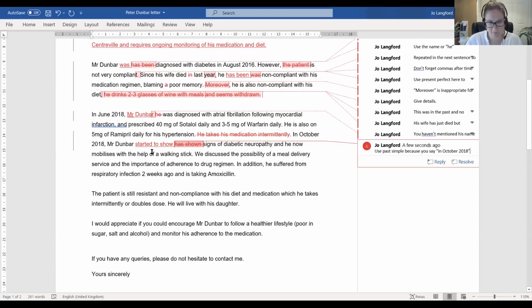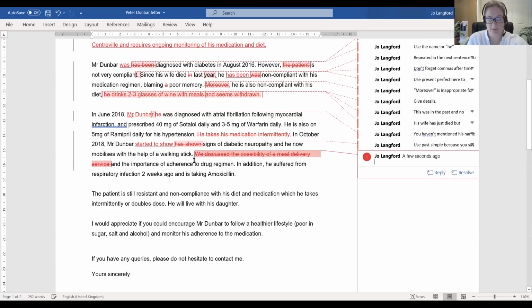"We discussed the possibility of a meal delivery service and the importance of adherence to the drug regimen." Okay, I mean, that is relevant, but he is now moving to live with his daughter, so that's no longer relevant. So let's just make a note about that.